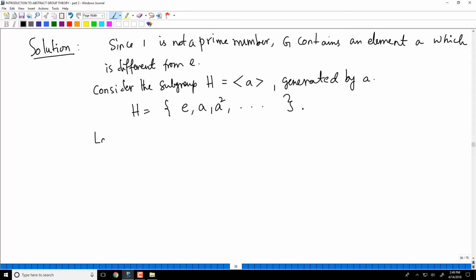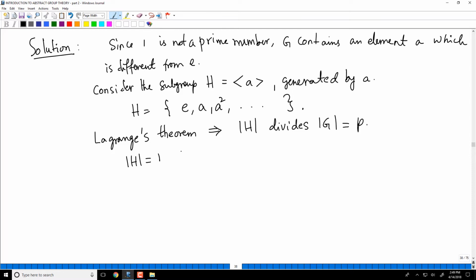Now Lagrange's theorem says what? It gives that the order of H divides the order of G, and the order of G is a prime number. But because P is a prime number, the only numbers that divide a prime number are 1 and that prime number.